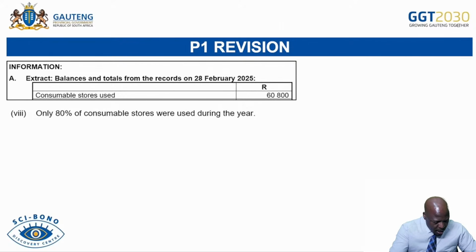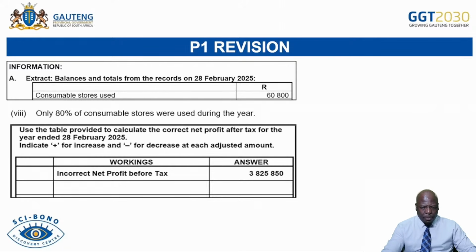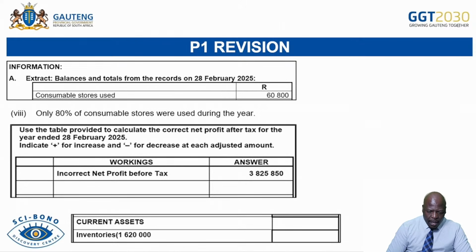Okay. The next adjustment says only 80% of consumable stores were used during the year. So when we come here, we know that these are consumable stores used. This is the 80% here.